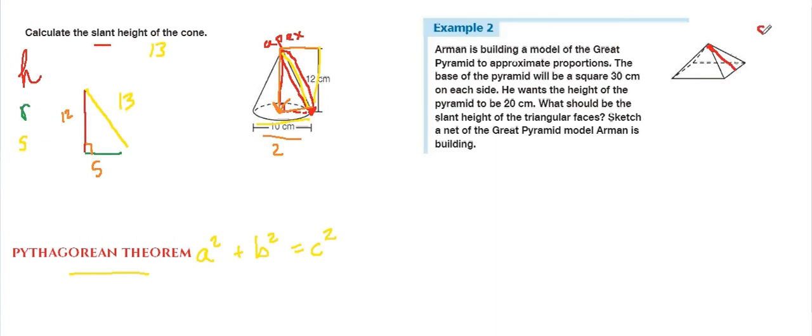That's the slant height. And then of course we learned this is the base, and this we could say is the perpendicular height, or just height sometimes. The height of the pyramid is 20.